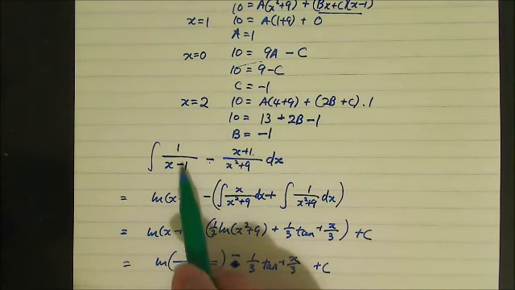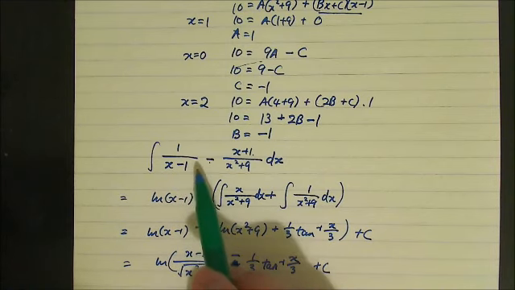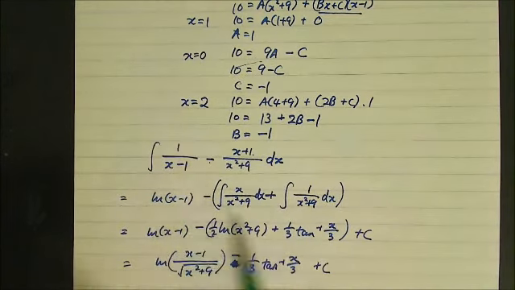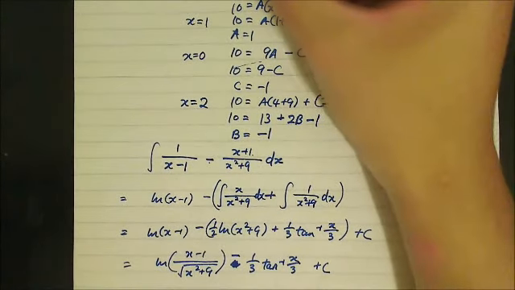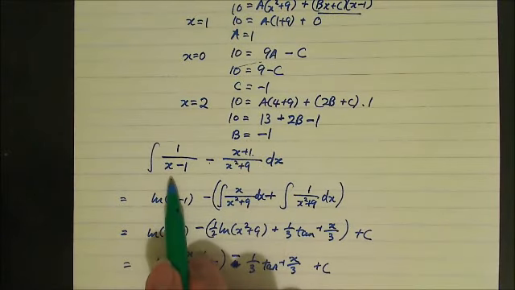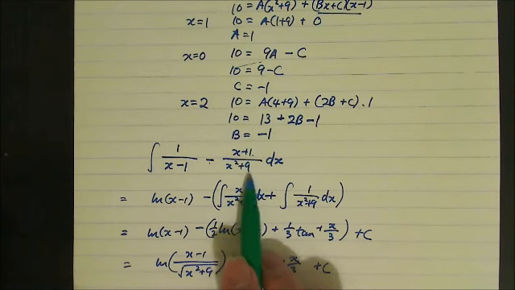So now that we go back to our integral, and since we found that a equals 1, b equals minus 1, and c equals minus 1, we put all that back into our split up fraction, which gives us the integral of 1 over x minus 1, minus (x plus 1) over (x squared plus 9) dx.